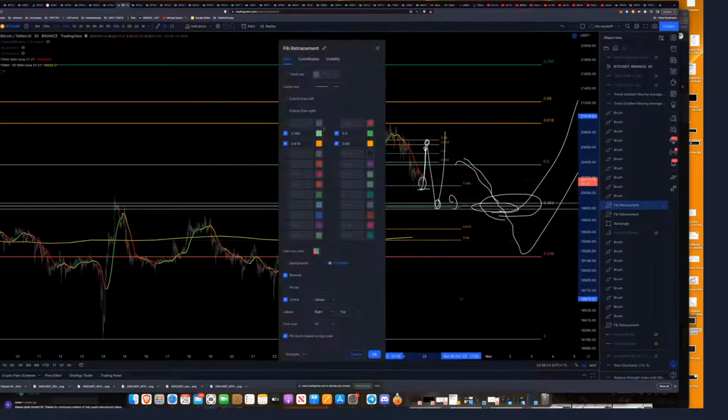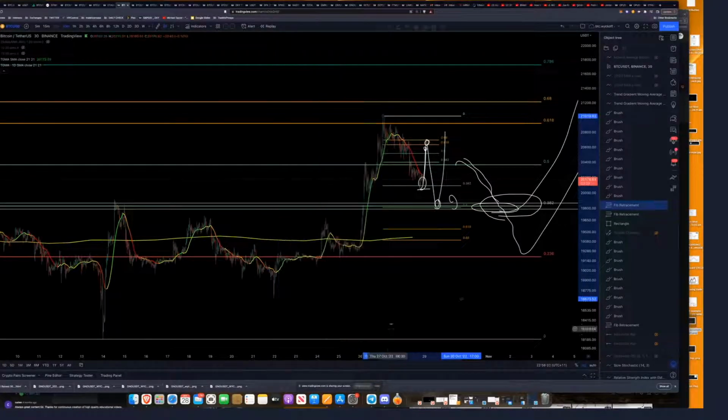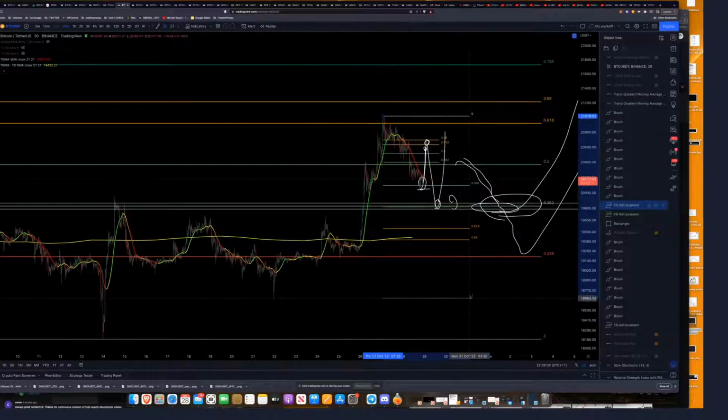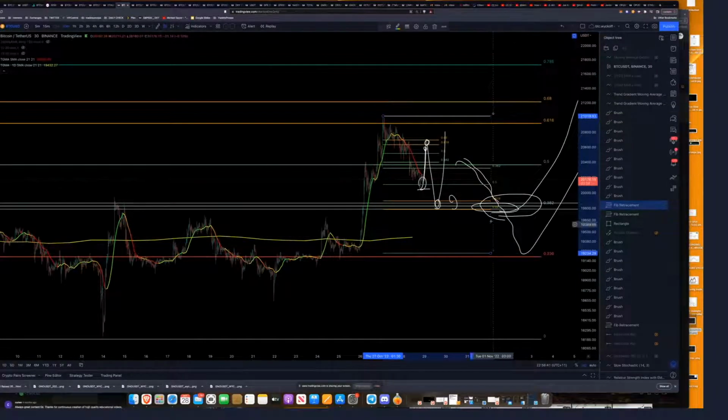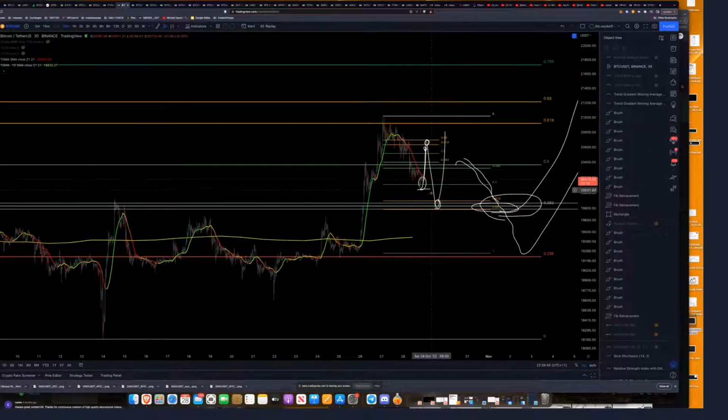Let's just do this for a sec. Where's my 0? I need my 1. That's what I need. So if it comes down to this level, that is a good position. It's still right. That is a good position because of that.